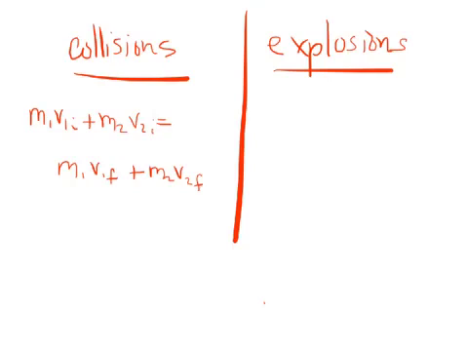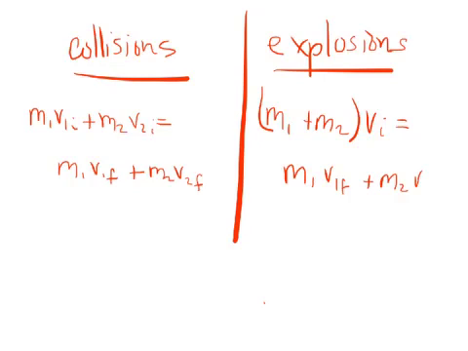For objects that have some sort of explosion involved, we have this. The objects are lumped together at first, with some initial velocity together, and then after they explode, the two objects are separate from one another. So you write them as M1 V1F plus M2 V2F.